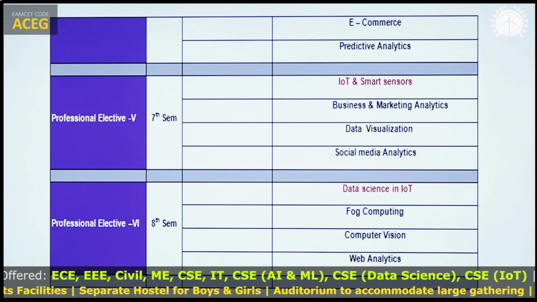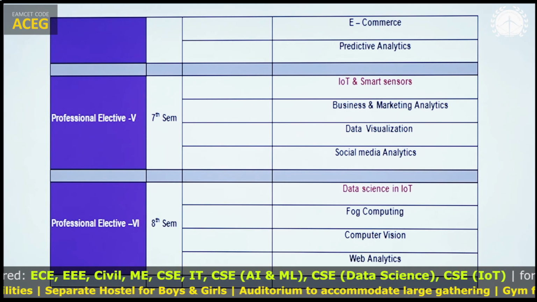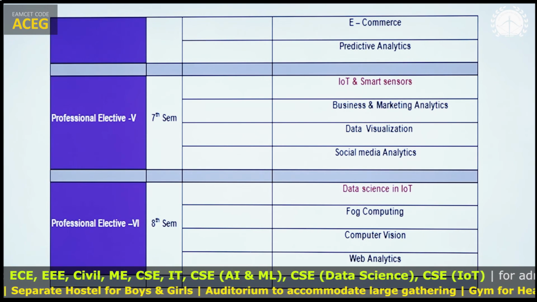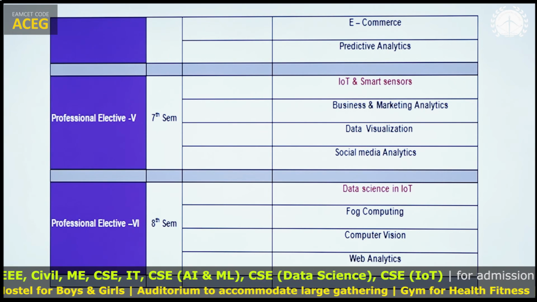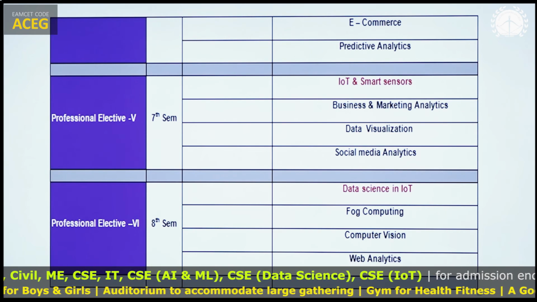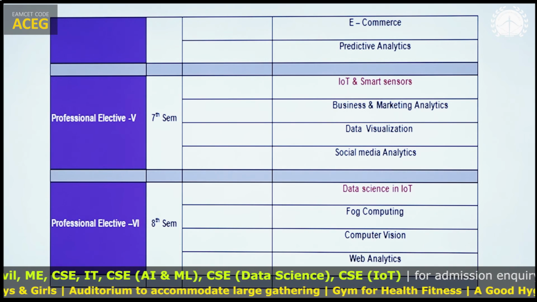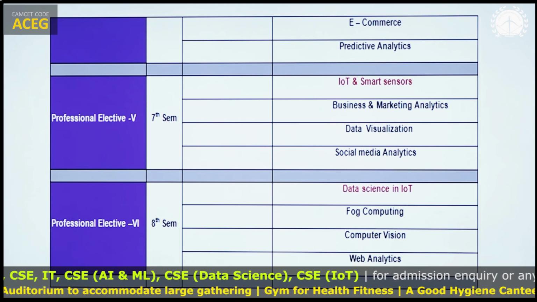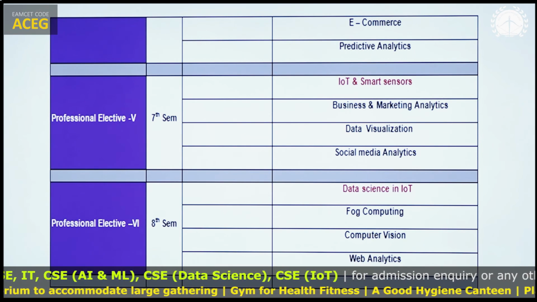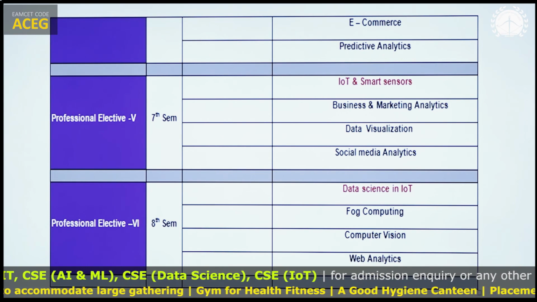So we are offering a majority of the subjects in professional electives, from the first to the sixth professional elective across all semesters. So IoT students study a majority of CSE subjects and IoT subjects as a specialization.